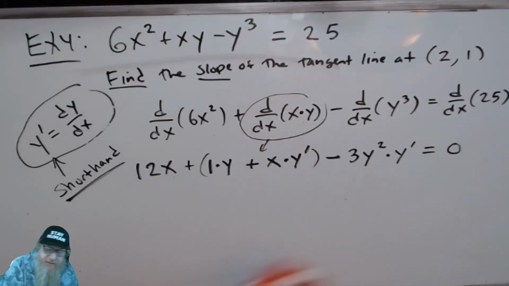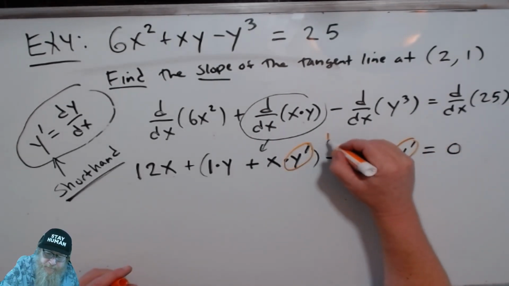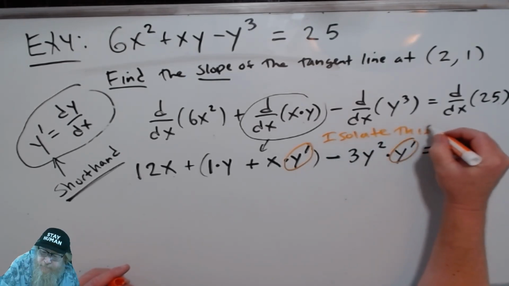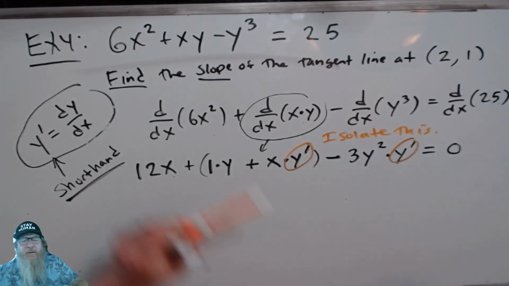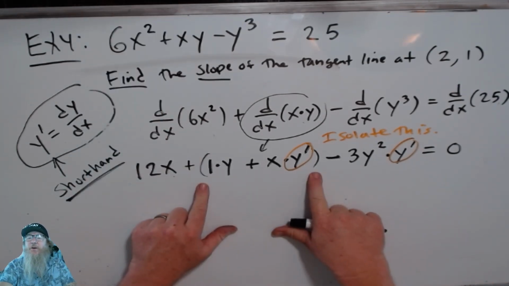Your goal is always the same. You want to isolate the y prime. The parentheses were non-essential. They were just there to make sure I got the product rule correct. I could remove them now.